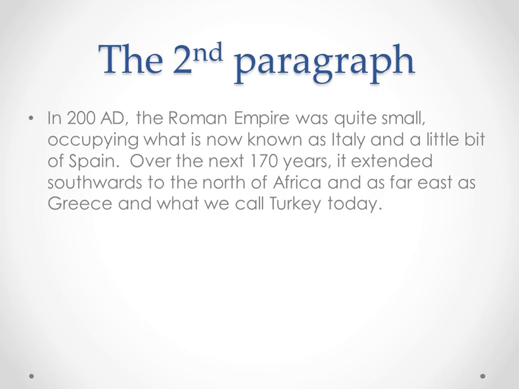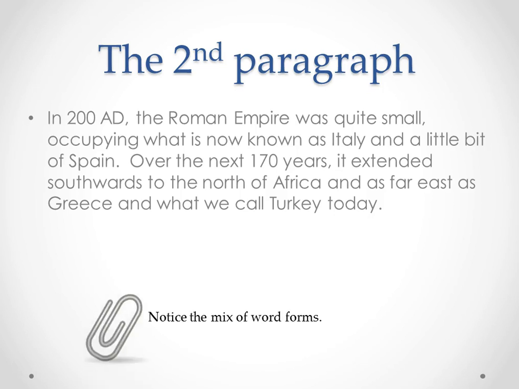That is the overview. Here is the second paragraph. In 200 AD, the Roman Empire was quite small, occupying what is now known as Italy and a little bit of Spain. Over the next 170 years, it extended southwards to the north of Africa and as far east as Greece and what we call Turkey today.